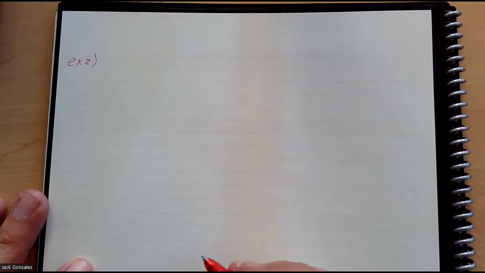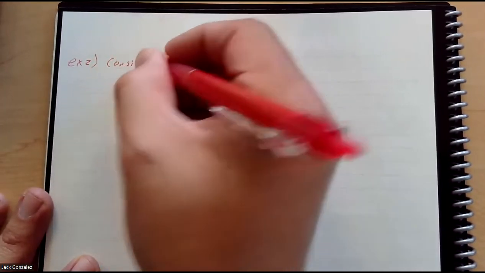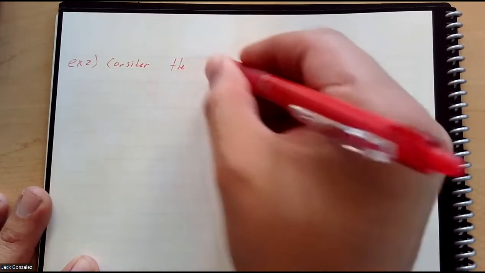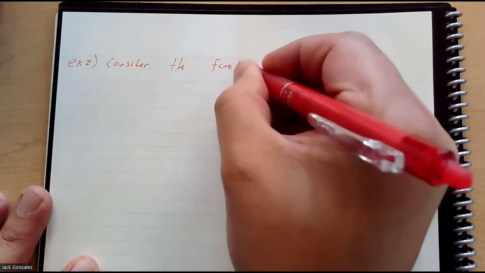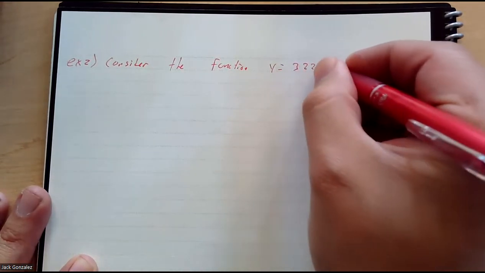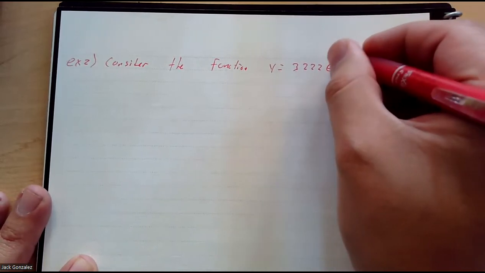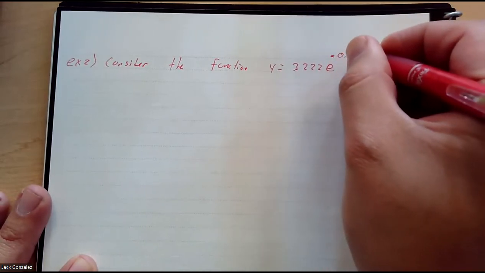Example 2. Consider the function y equal to 3,222 e to the negative 0.85.